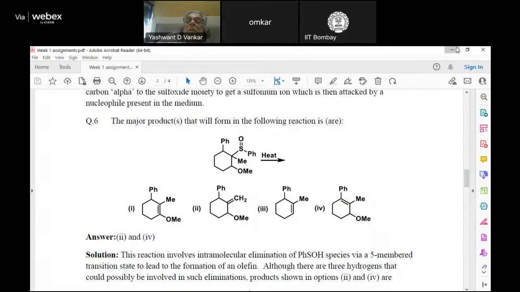Ortholithiation is actually not really a part of this course; I have not taught about it. So maybe you can ask a specific question. You have some heteroatom somewhere nearby, and therefore, you ask specifically. Although I have not taught it in this particular course, I can answer your question if you ask me separately by email, because this is not related to this course right now.